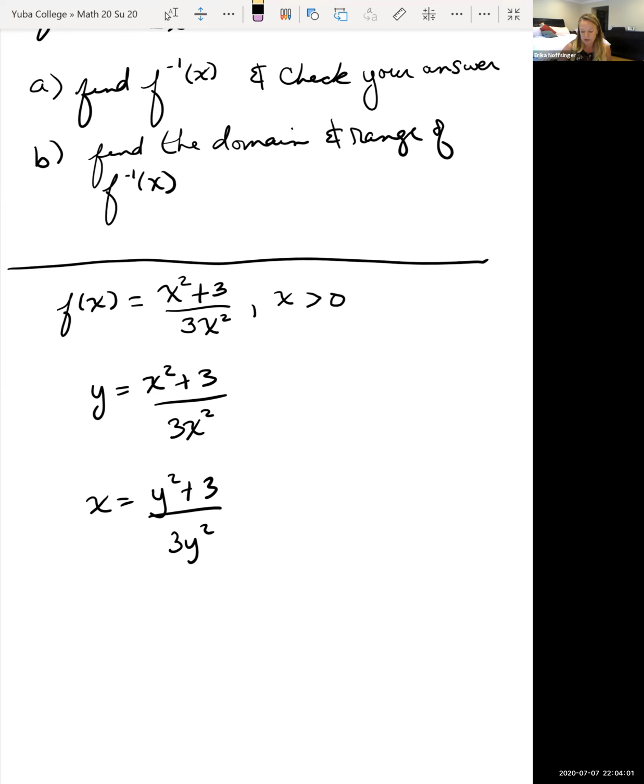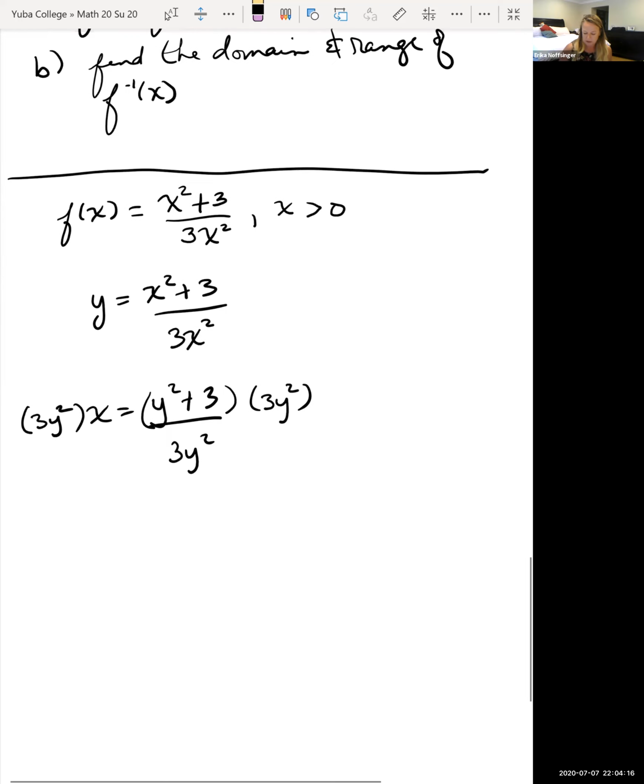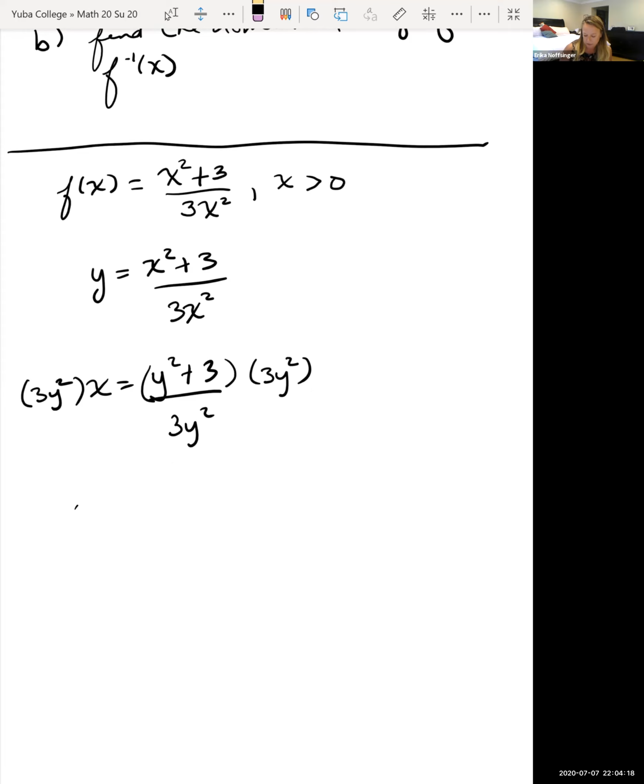And because we have an equation, we can clear that equation by multiplying both sides by our denominator. So let's multiply both sides by 3y squared. So doing that, we have 3xy squared is equal to, the 3y squareds cancel here, y squared plus 3.